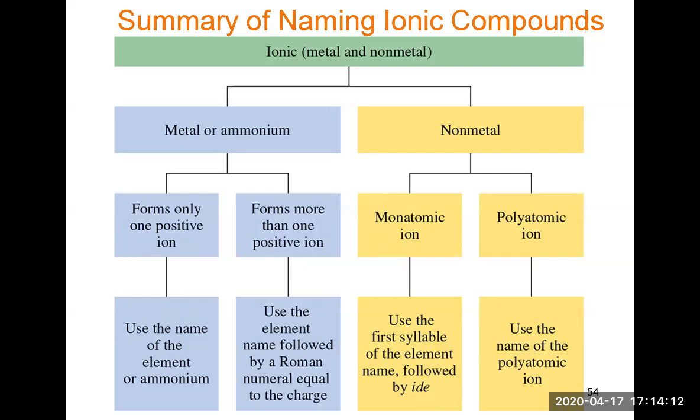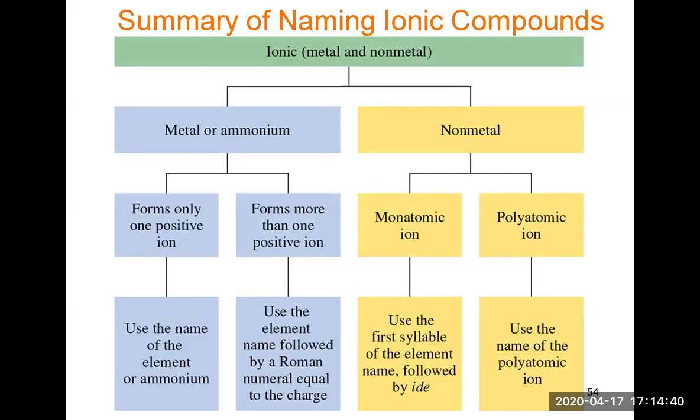If your metal forms only one positive ion, it's a predictable ion and you just use the element name or ammonium. If your metal forms more than one positive ion, it's a variable charge metal. And so you will need to use a Roman numeral after the name of the element. And the Roman numeral must equal the charge of the element in that compound.